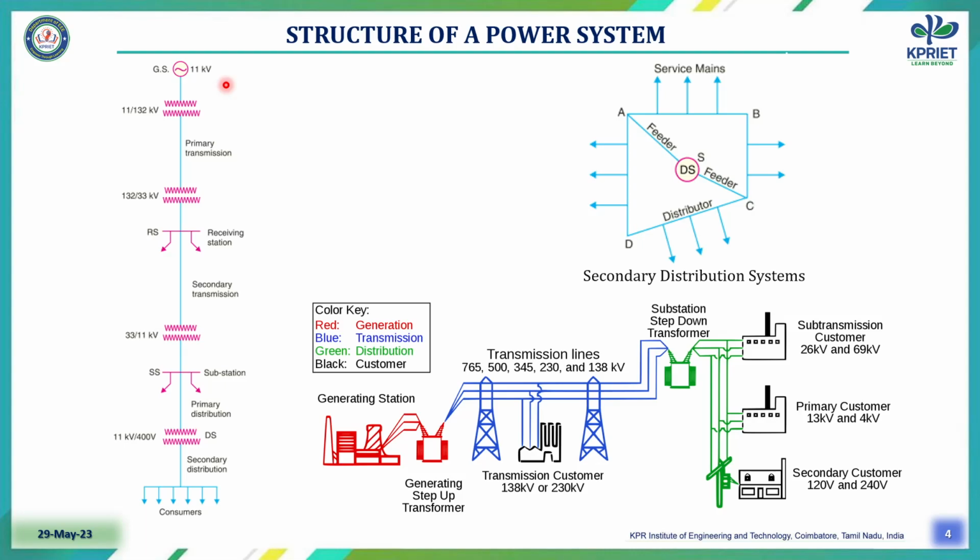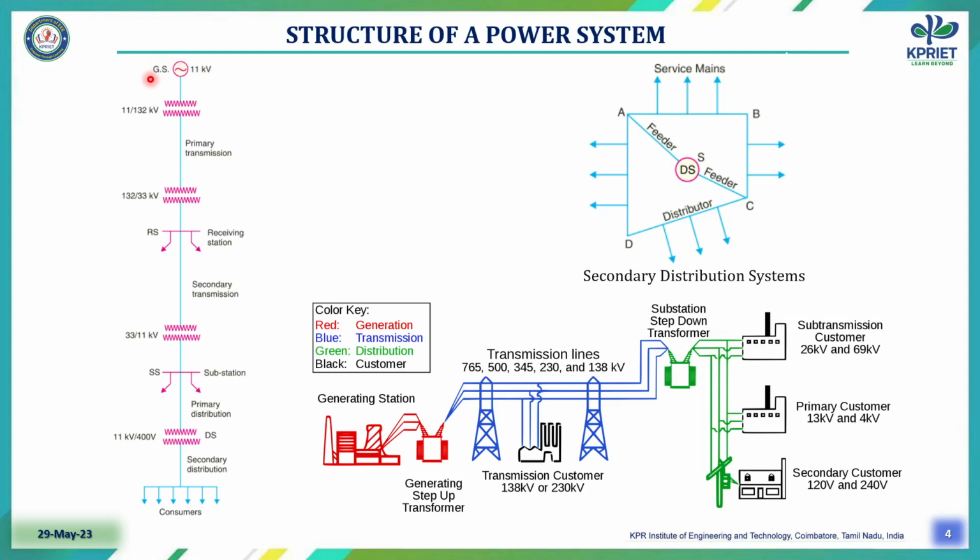For optimal generation we need to generate only at 11 kV. If it goes beyond 11 kV, the economy of the system is not good, so we optimize the power generation at the voltage level of 11 kV.